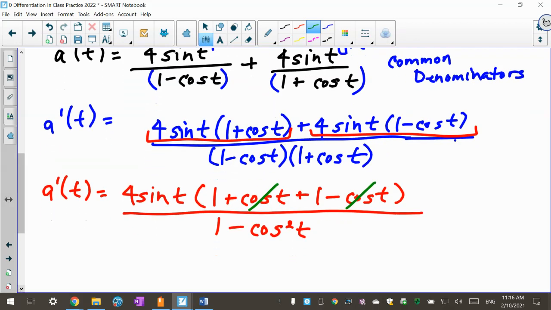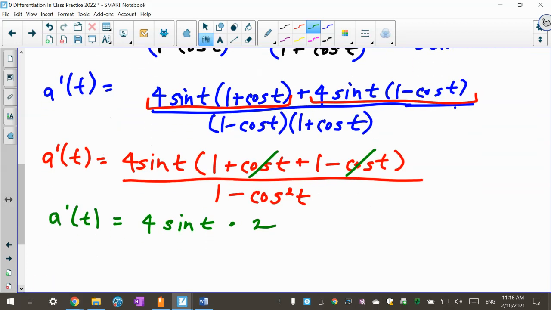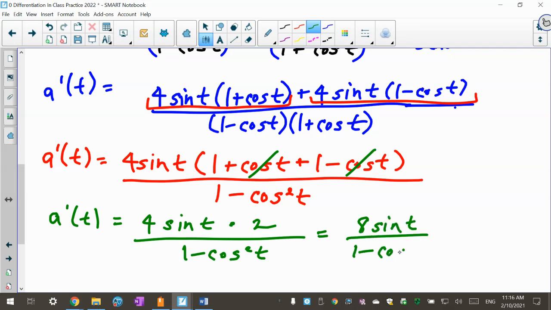Okay, so now I have a prime of t is 4 sine t, and I'm multiplying it by a 2 because that's what's left in that parentheses, all over 1 minus cosine squared t. So now I have 8 sine t all over 1 minus cosine squared t.